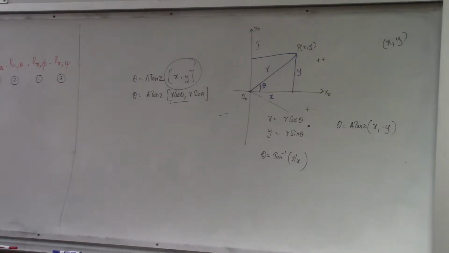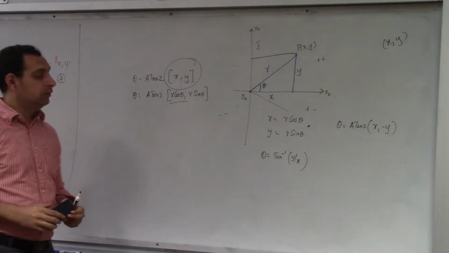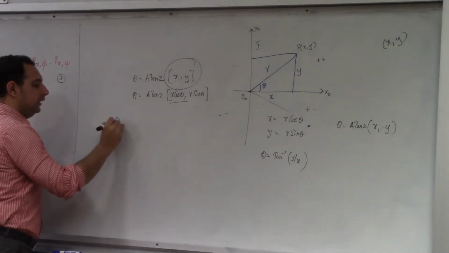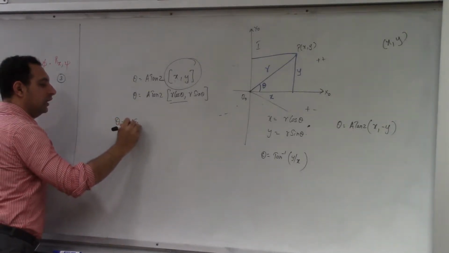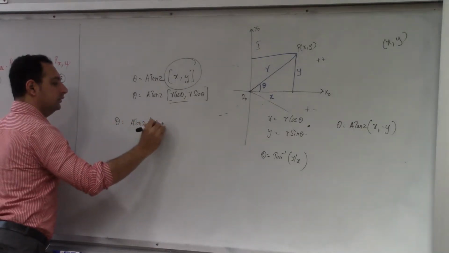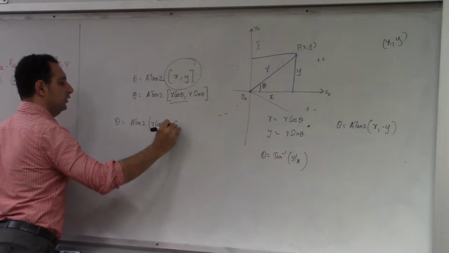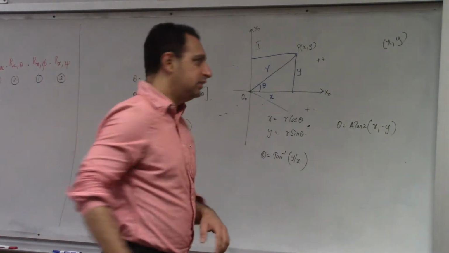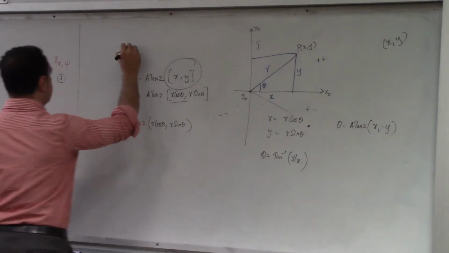Okay. So, is it atan2? Atan2. So theta will be equal to atan2 of r cos theta comma r sin theta. Atan is tan inverse.